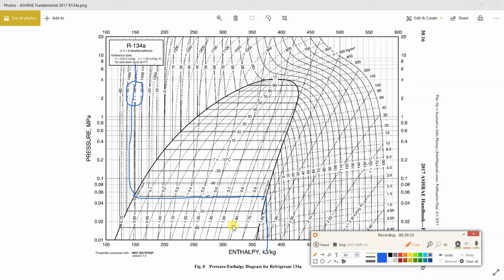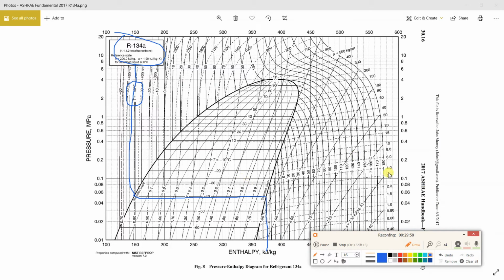This is the nature of the constant temperature line on the pH diagram. The slope of the line depends on the refrigerant. This is R134A; if we change the refrigerant, the slope will change, but the nature of the line will remain the same: approximately vertical, then horizontal, and then curved.